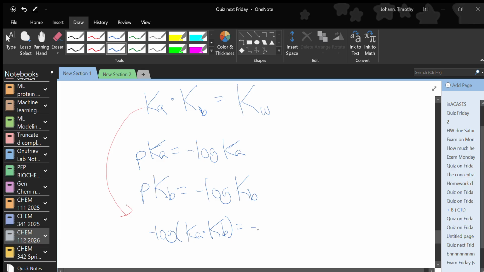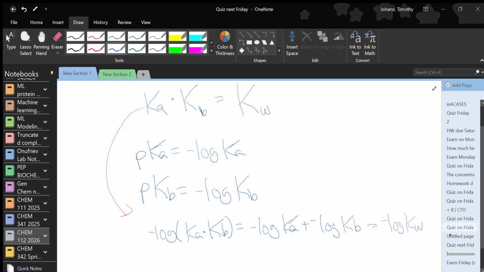That's the same as saying the negative log of Ka plus the negative log of Kb, like that. Okay, that's a set of log rules, and that's equal to, well, I took the negative log of one side of the equation, I have to take the negative log of the other side of the equation, the negative log of Kw, like that.